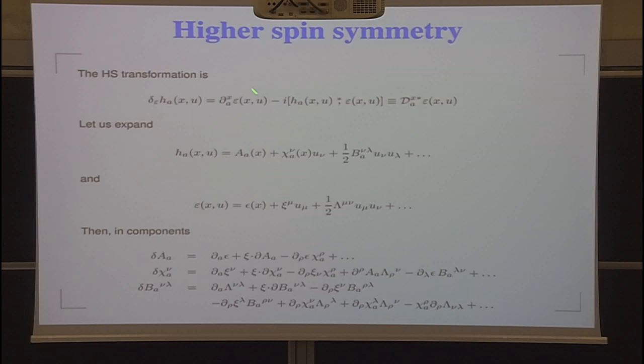So we expand in u, and we find various local fields. And the same we do for the gauge parameters. And in components, you see that this transformation means this. They are infinitely long expressions. They have infinitely many derivatives.